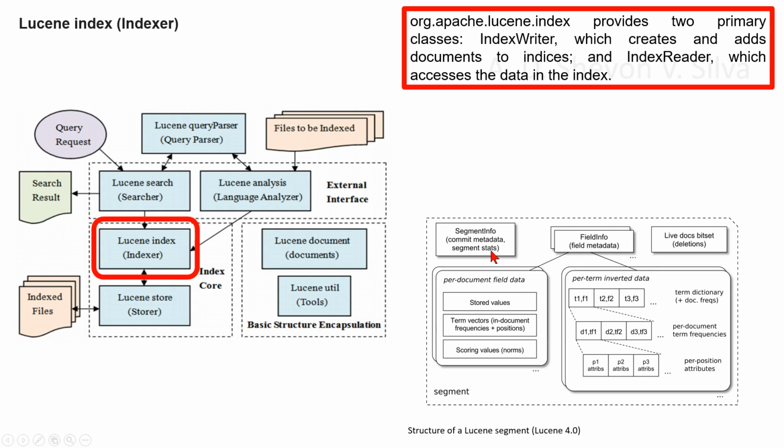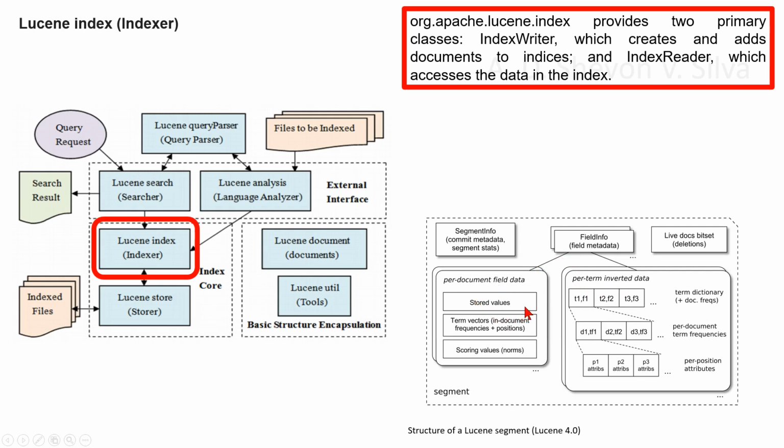Here you can see segment info, field info, live docs bit set, per document field data, per term inverted data in a segment. Here the segment info: commit metadata, segment stats, and then field info: field metadata. Field info interacts with per document field data and per term inverted data.